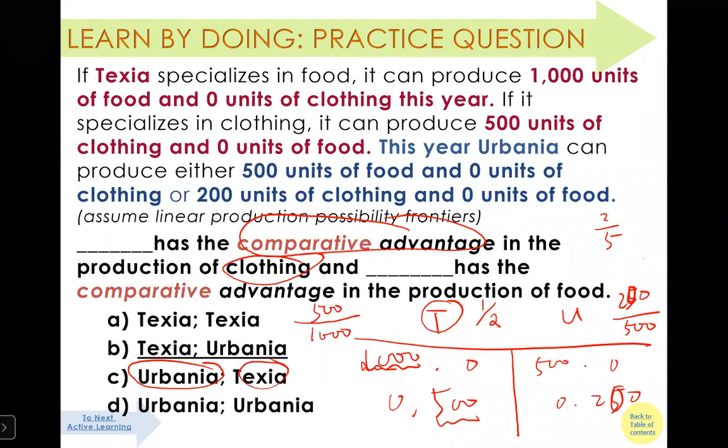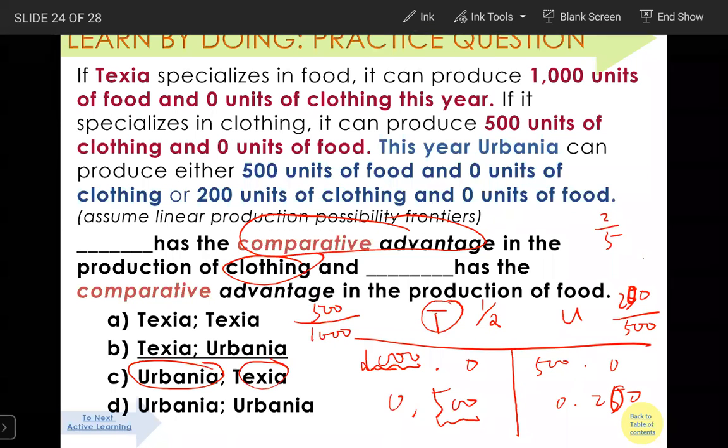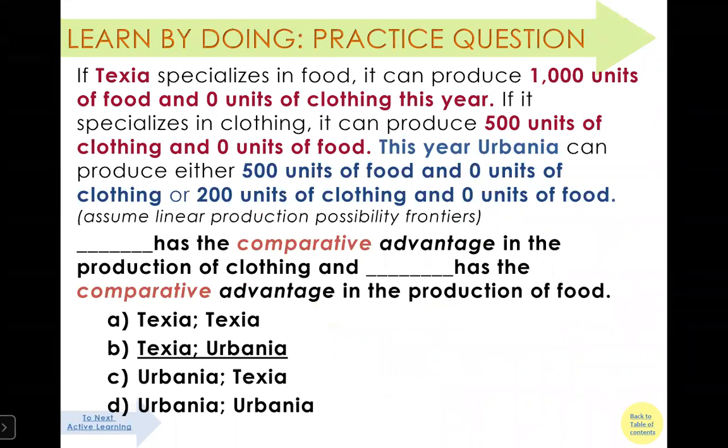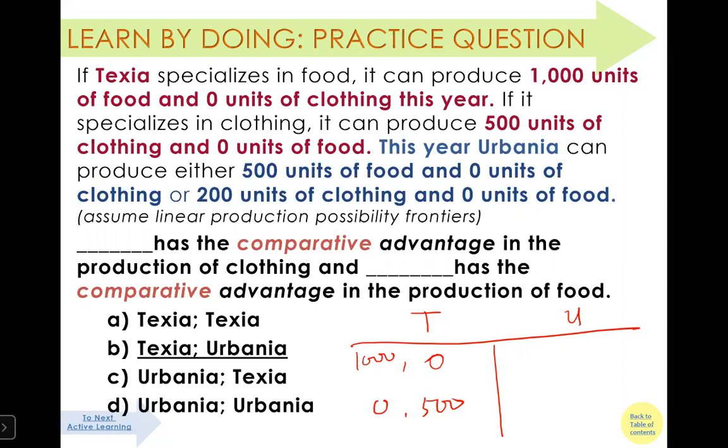Wait, sorry. Did I miss a number? Let me read again. Texia, Urbania. So 1,000 food versus 0 clothing, and 0 food and 500 clothing. The other one is 500 food and 0 clothing, or 0 food and 200 clothing.